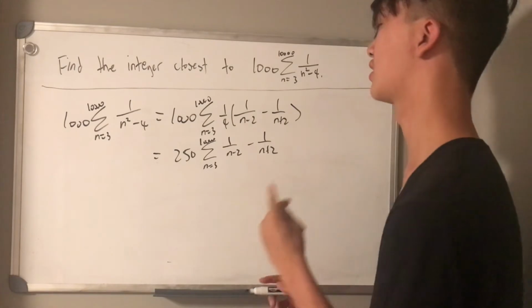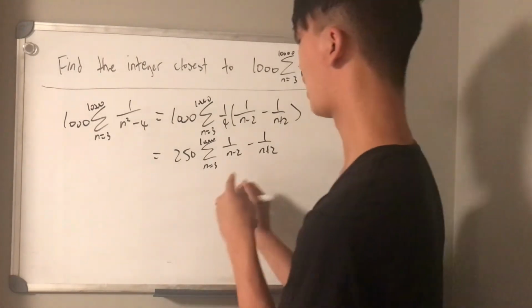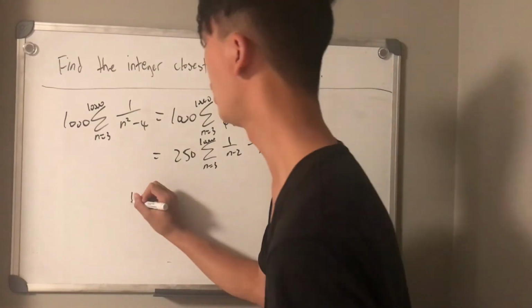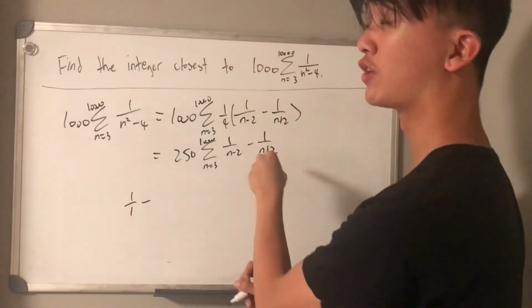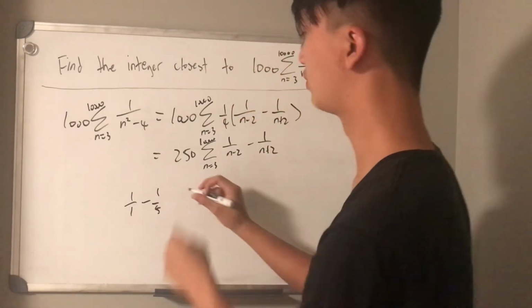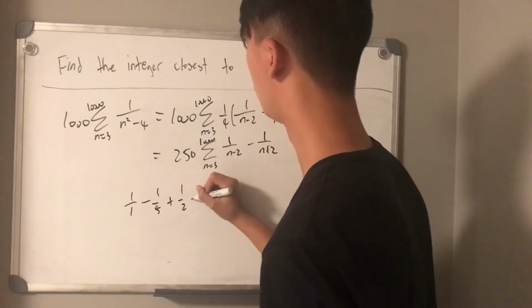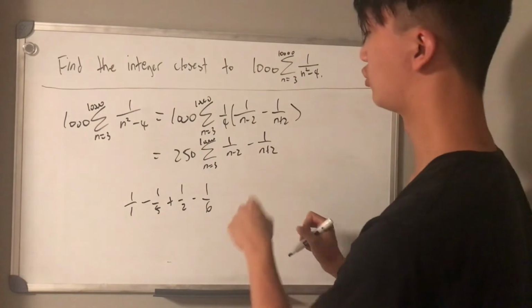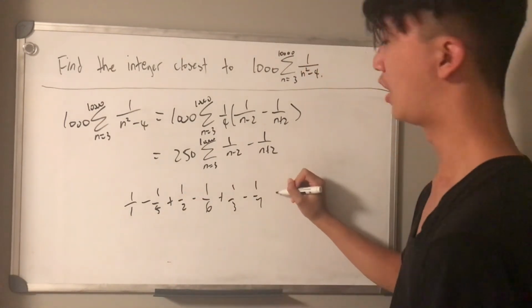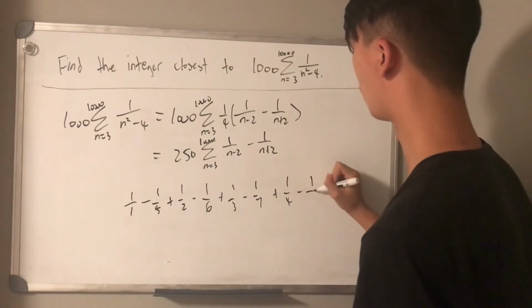So let me show you what this looks like. So for n equals 3, we have 1 over n minus 2, which is 1 over 3 minus 2, which is 1 over 1, minus 1 over 3 plus 2, which is 1 over 5. Now for n equals 4, we get 1 over 2 minus 1 over 6. N equals 5, we get 1 over 3 minus 1 over 7, and then 1 over 4 minus 1 over 8.